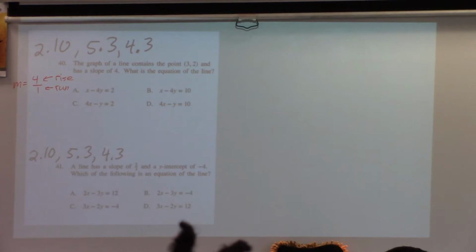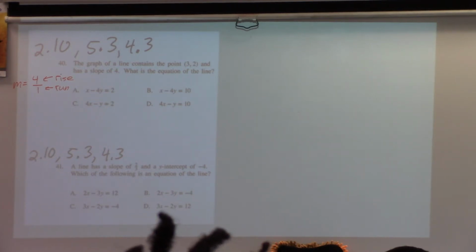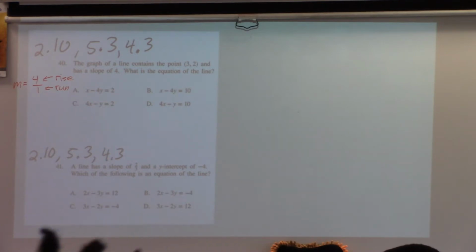Up 1, 2, 3, 4. To the right 1. That's where you should be looking. That's an x of 4 and a y of 6. Notice that's a rise of 4 and a run of 1.